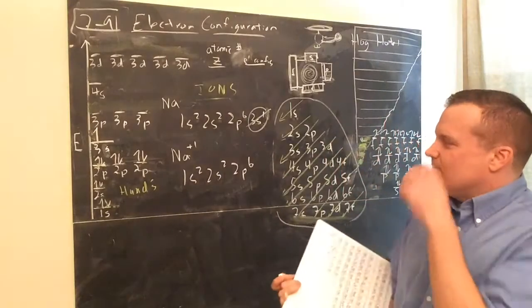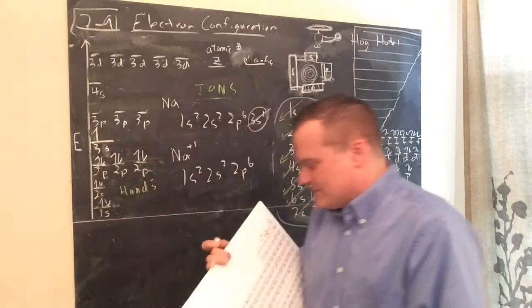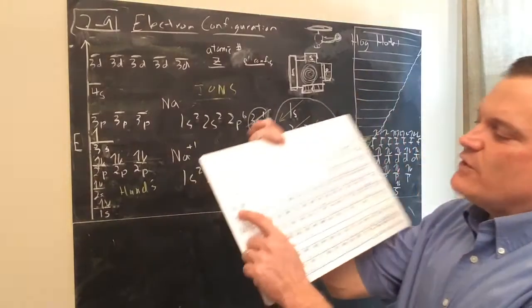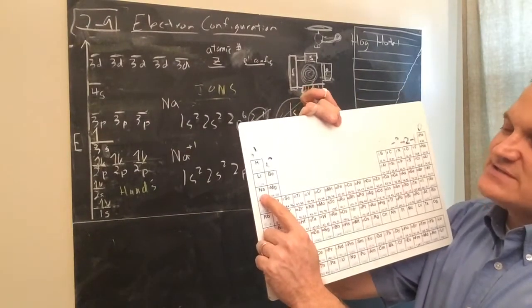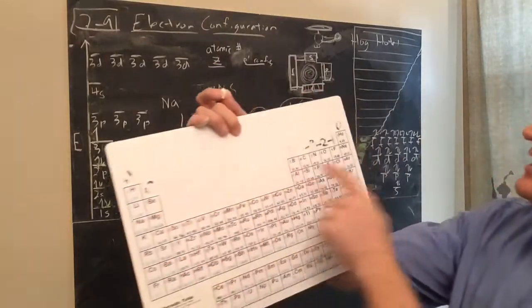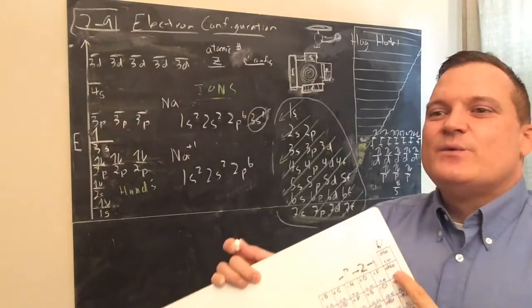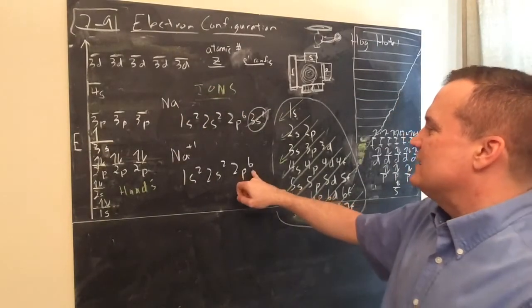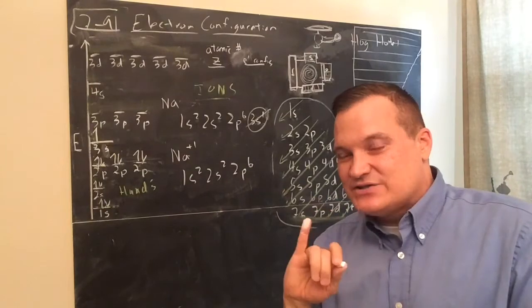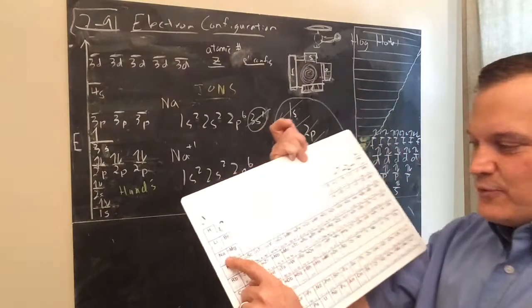Now, I guess I can throw in one other word here. You're going to see it later on, but I might as well tell you. Sodium had 11 electrons. Sodium ion only has 10. It loses one. When it loses an electron, look, neon also has 10 electrons. When sodium loses an electron, it doesn't change into neon because it still has 11 protons.